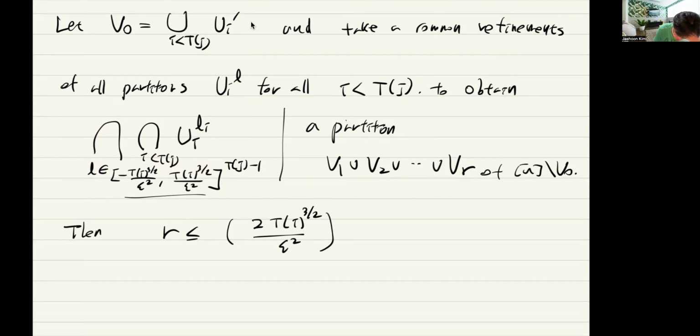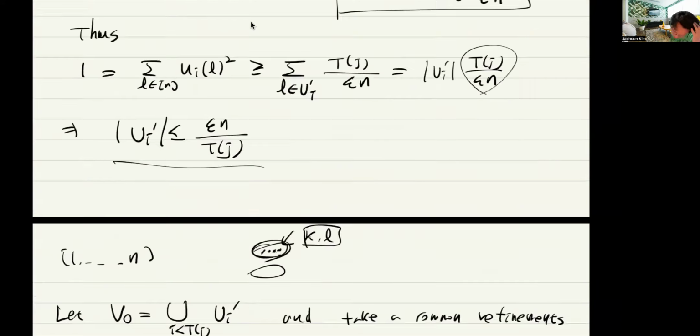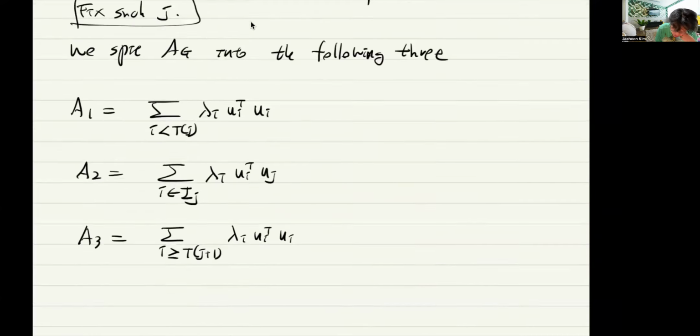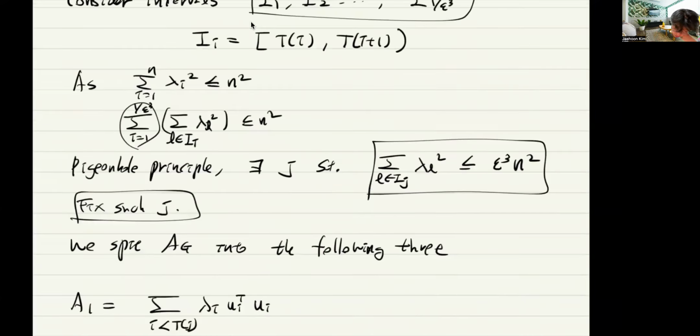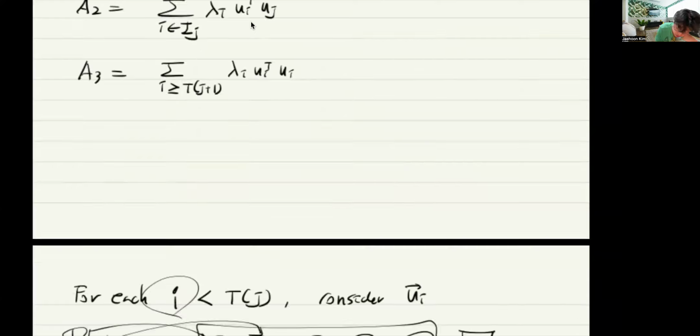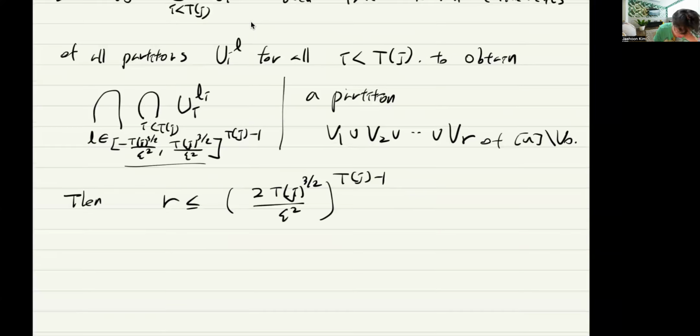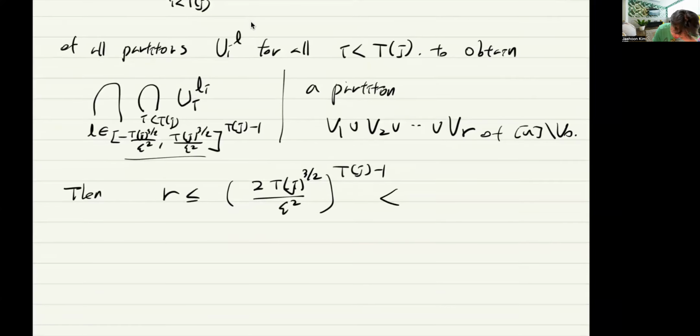And how many times you take the Tj? So this is what you get. But from the definition of how we defined this T, we know that this is much smaller than Tj plus 1. Say smaller than this.